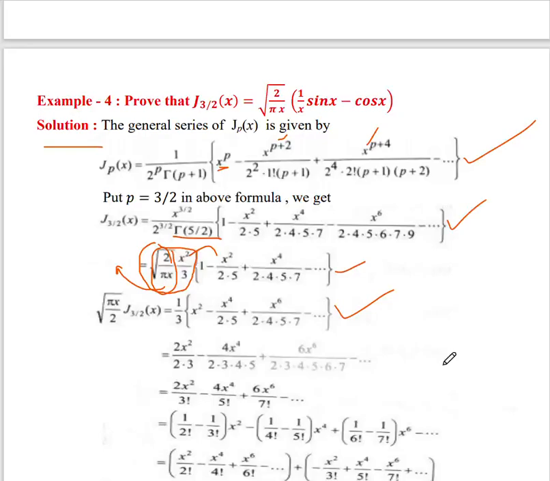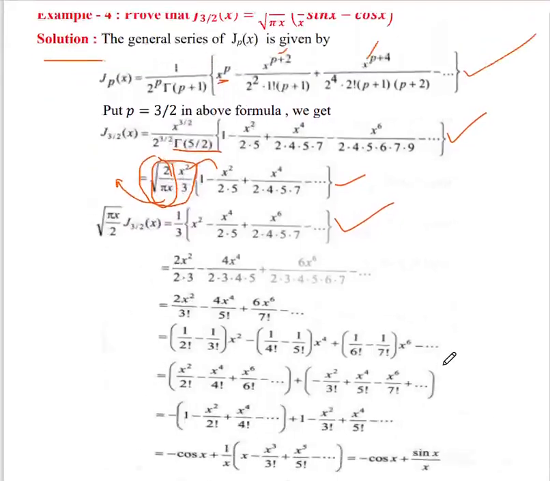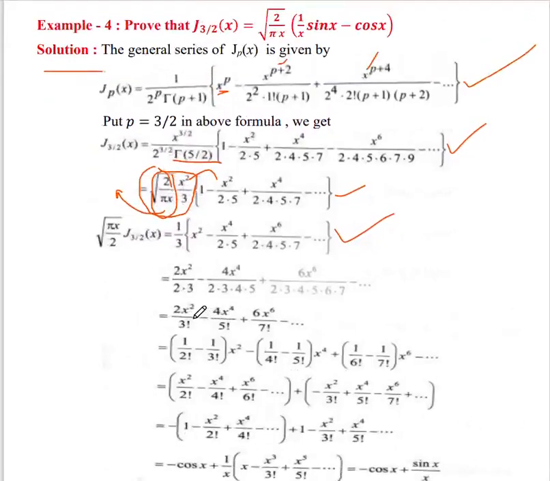Okay. So what is the next step? Now we will multiply 1 upon 3 to this term. Okay. So this can be written as x square upon 3.